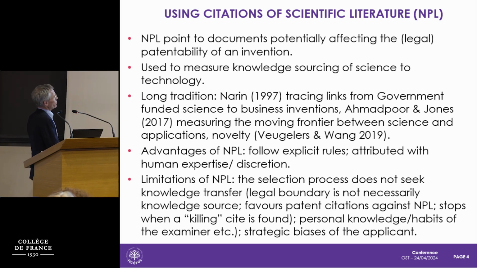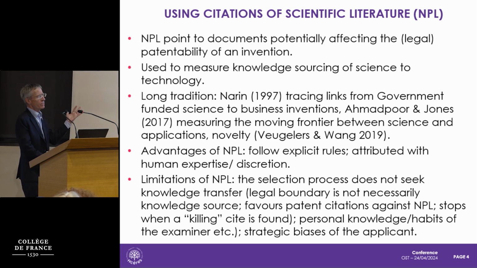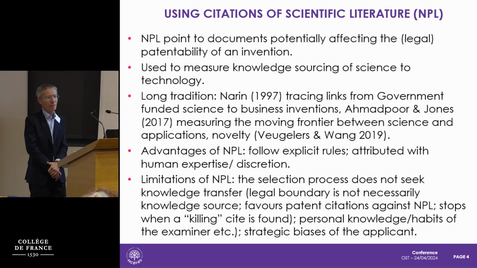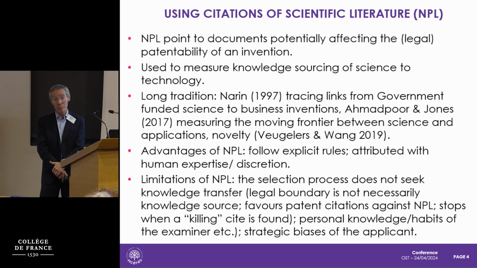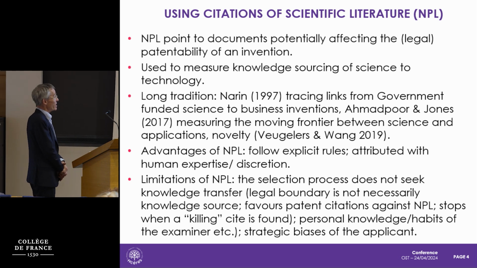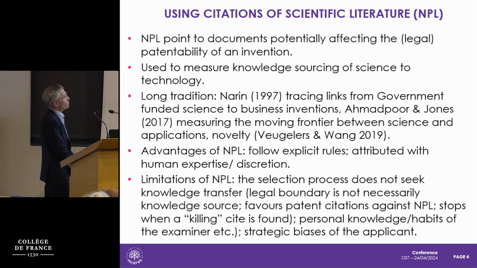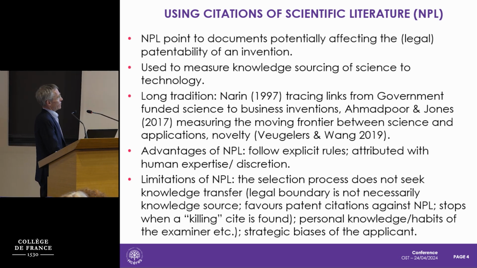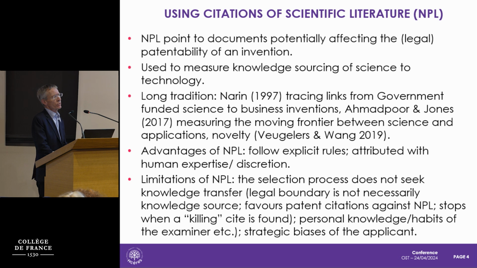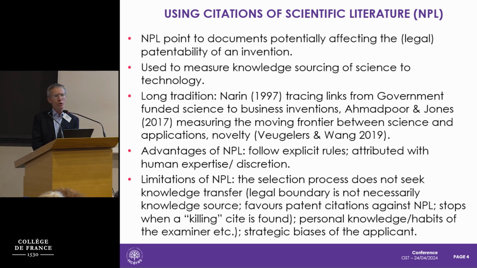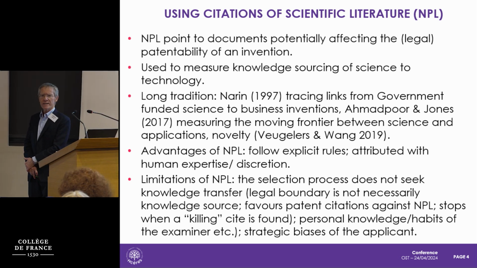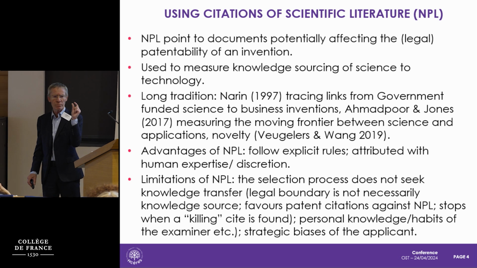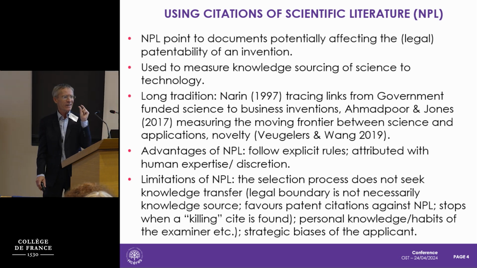But the limitations of NPL, in a way, are the mirror image of these advantages. There are limitations in human beings as well, either cognitive limitations or biases, on the one hand. Also, a second aspect is that, in view of the use of citations for legal purposes, examiners will try to find the documents that are the most legally relevant.